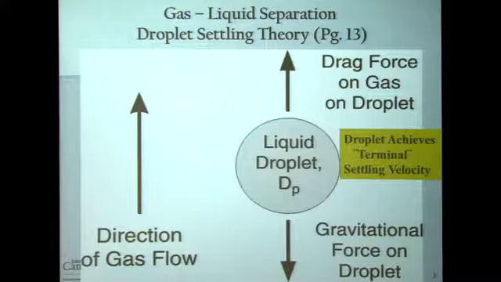The droplet settling theory is based on some assumptions, some of them being a perfectly spherical drop of a precise diameter, and the idea is that you want your droplet to fall out of the gas phase into the liquid phase. The point at which that droplet is suspended in space is when the drag force on the droplet is going to equal the gravitational force on the droplet.